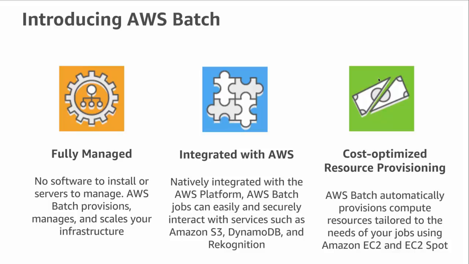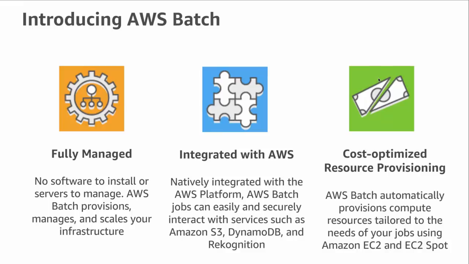So AWS Batch will automatically provision compute resources that are tailored to the needs of your jobs using Amazon EC2 on-demand and EC2 spot instances, right? So it's got the cost optimization built into it around the provisioning model, and we'll talk a little bit more about that as we go through this.